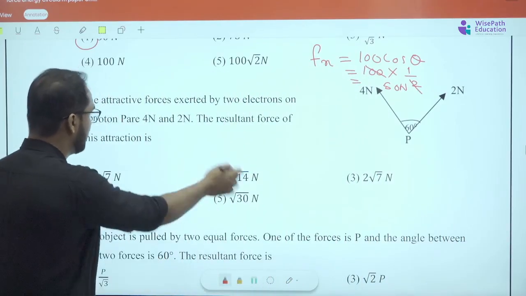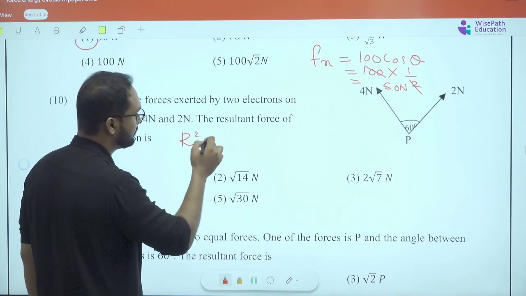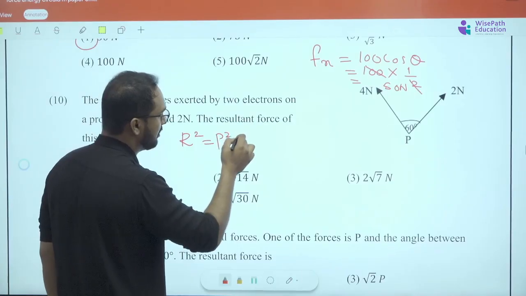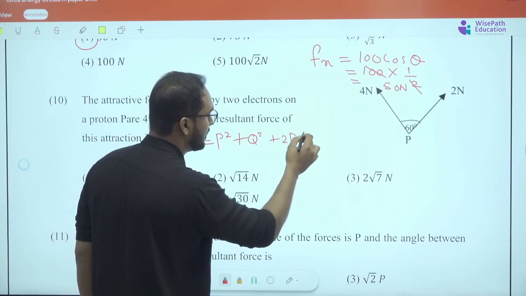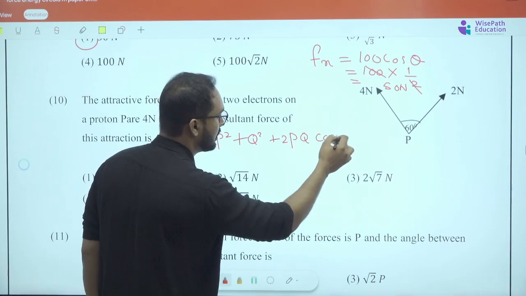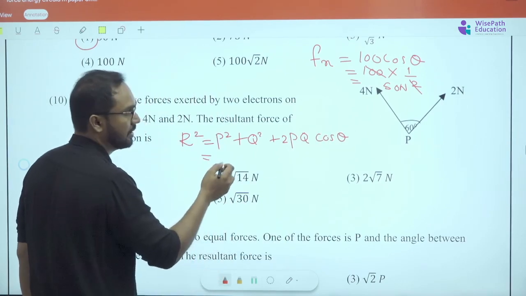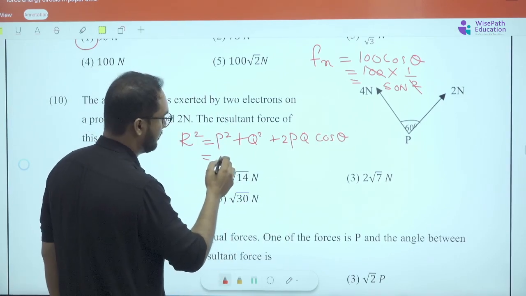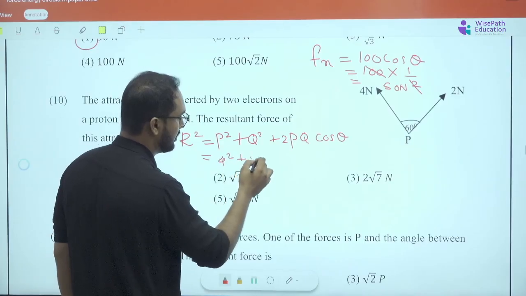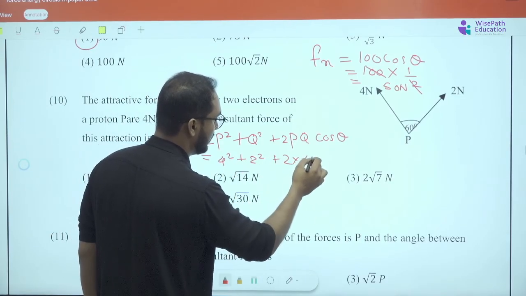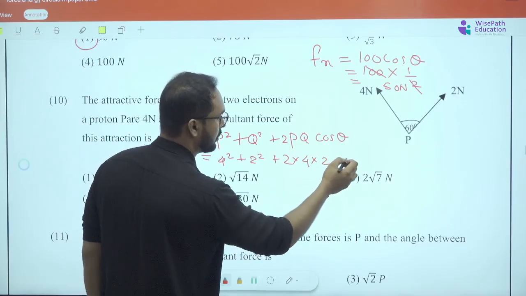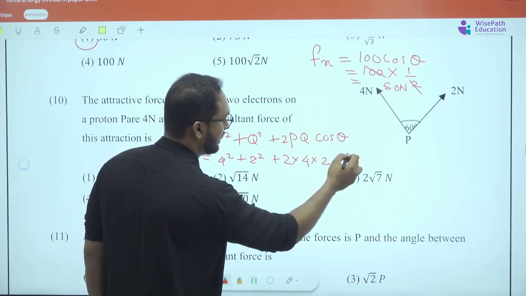So you have to apply that. This is the equation. So P square, we'll take it as 4 square plus 2 square plus 2 into 4 into 2 cos 60. Cos 60 I'll take as half directly.